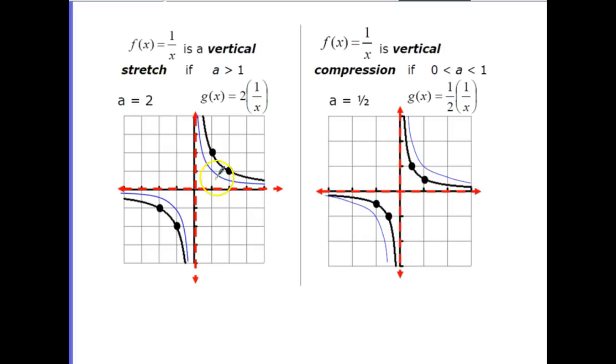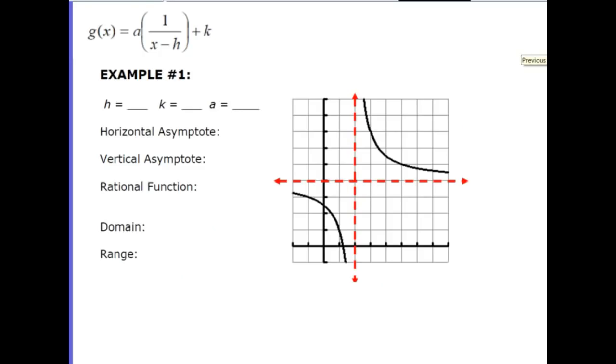It's been stretched, it's been pulled out. This a equals 2 makes it stretch. A equals 1/2 makes it shrink. This is the parent graph. This is the new graph. It's been pulled in closer. It has been shrunk. Let's do some examples.